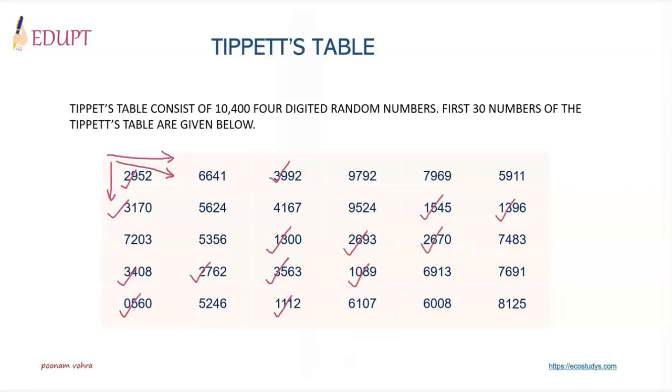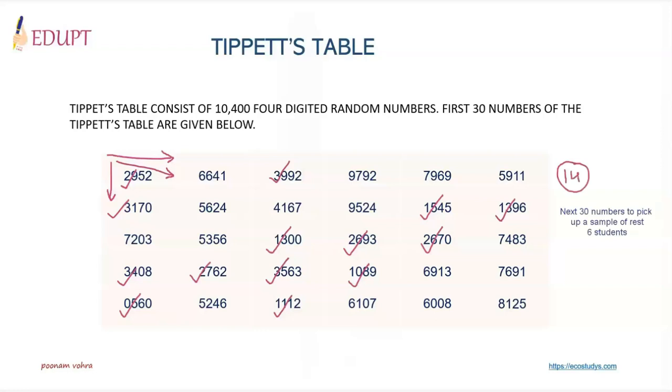So from the first 30 numbers, one can pick up 1, 2, 3, 4, 5, 6, 7, 8, 9, 10, 11, 12, 13, 14. So we get the sample of 14 students.